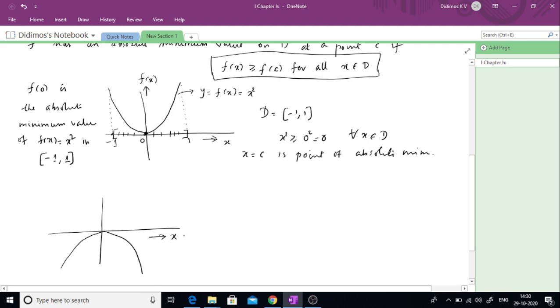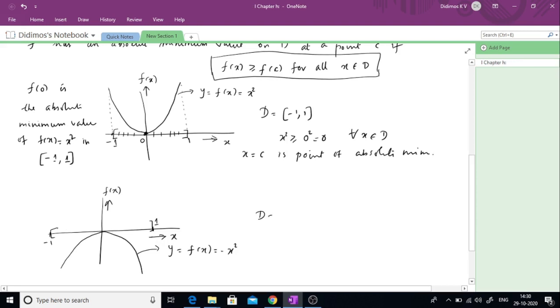So I take x in this way and the y-axis f of x in this way. So this is the graph of y equal to f of x, that is equal to -x square. Now consider the same interval -1 to 1 as the domain D. This is our 1 and this is our interval -1 to 1 as D.